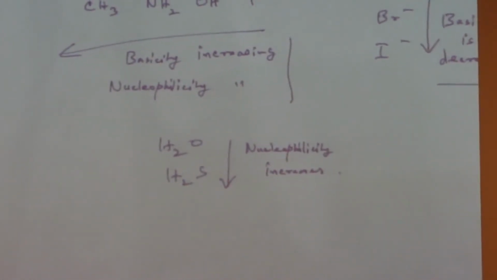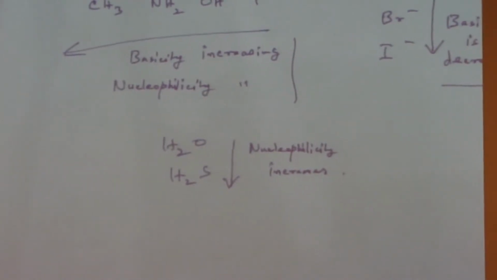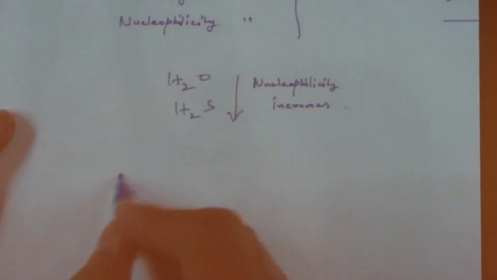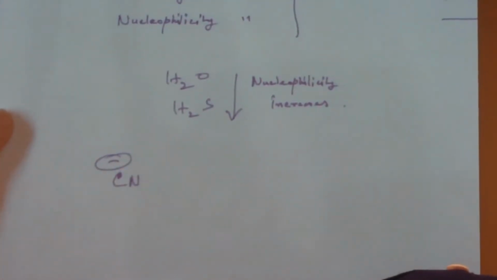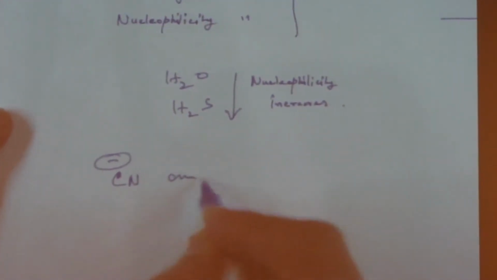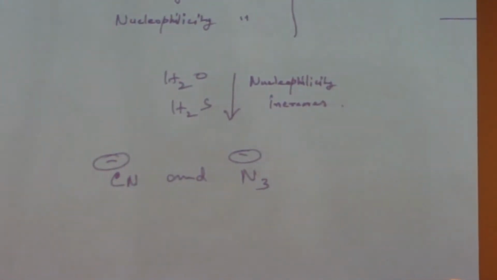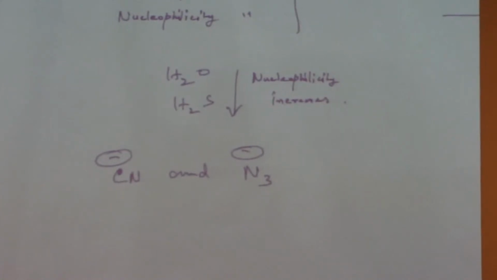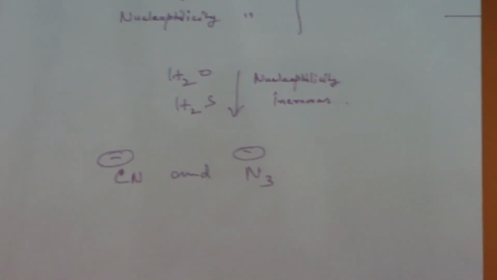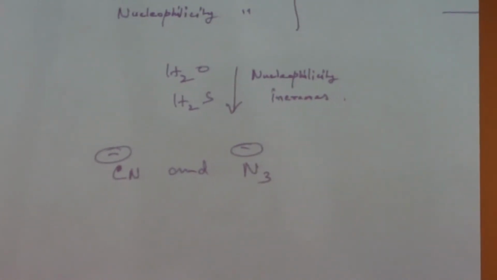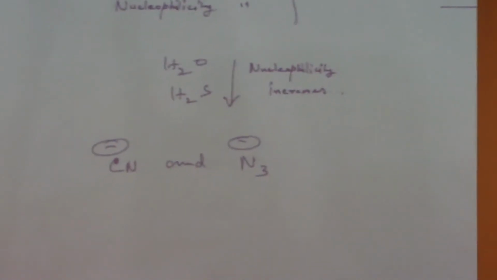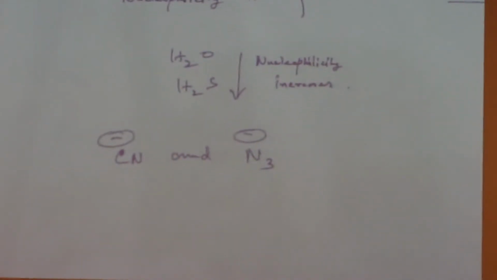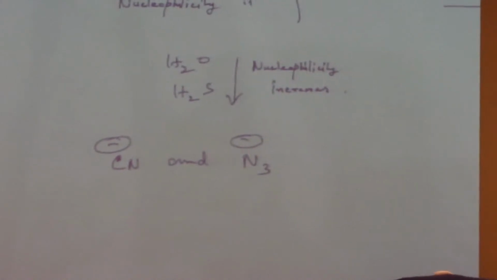However, it gets complicated when you are looking at some other cases. Let's say you look at cyanide and azide. This type of approach will not work. Then you need to figure out the basicity of each and compare them to see how the nucleophilicity will change.